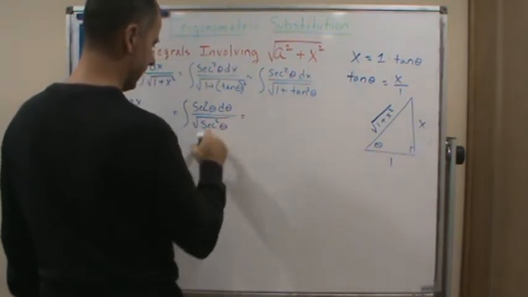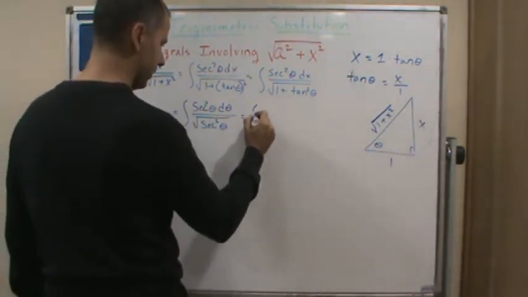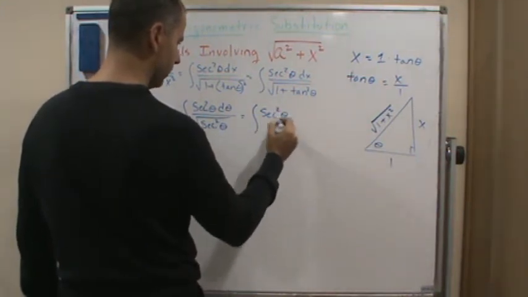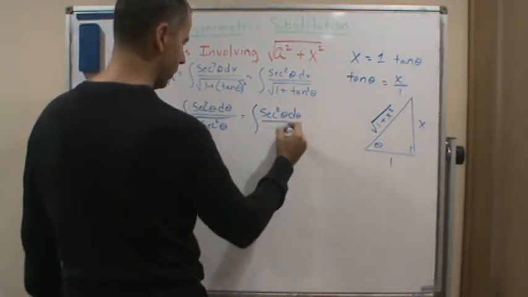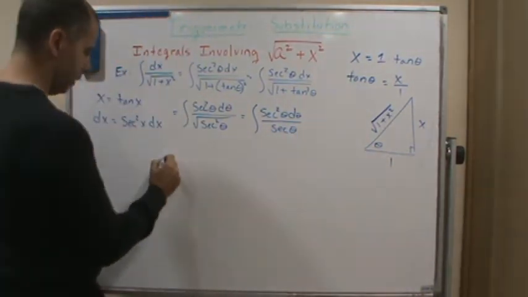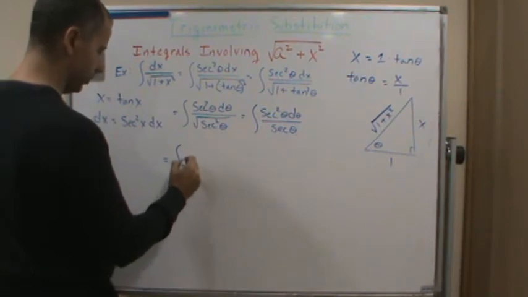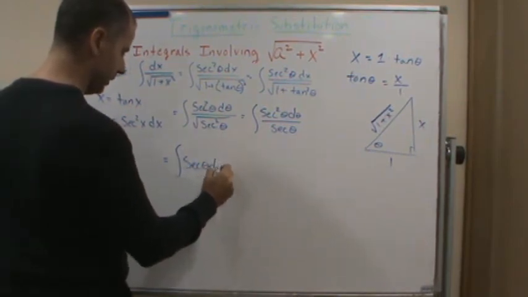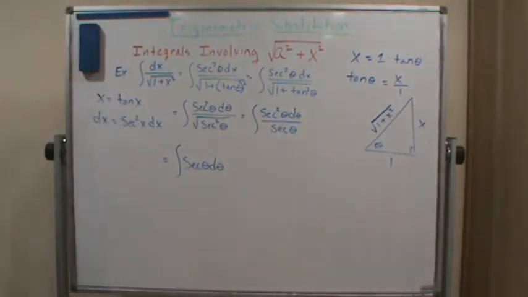Of course, I can simplify this to secant squared theta d theta over secant theta, which is equal to secant theta d theta.